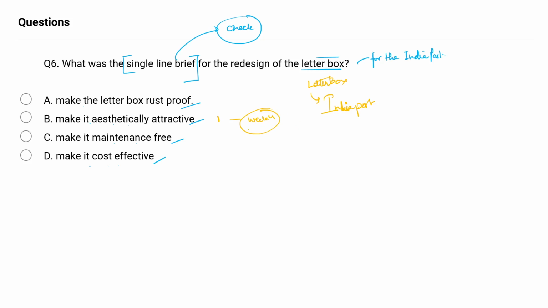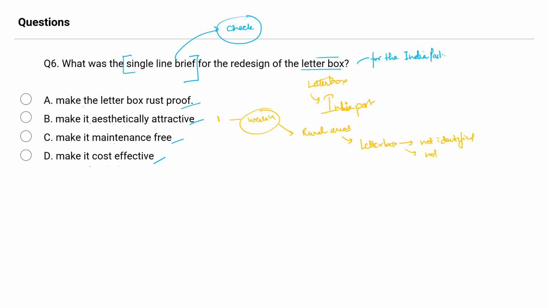Okay, so what is the logic you are giving? Actually, in the video it was seen that in the rural areas, most of the people were not identifying it as a letterbox because of its shape and other things. People were not basically able to relate it.